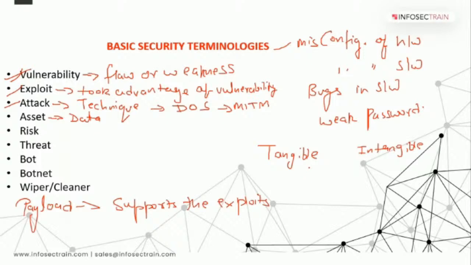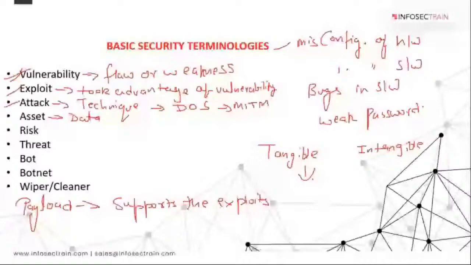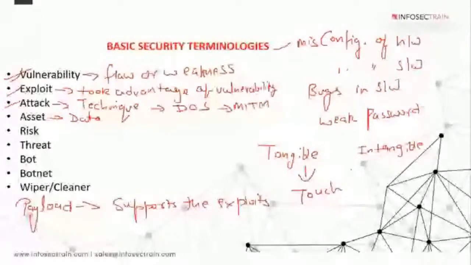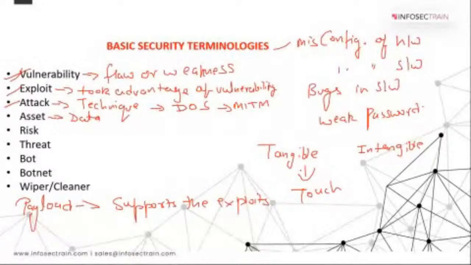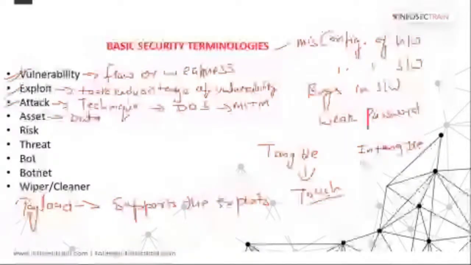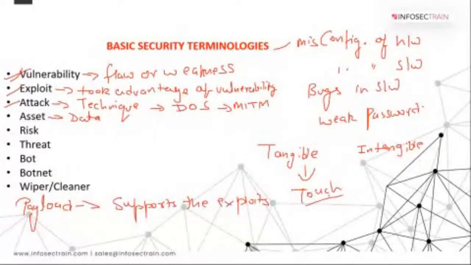If I talk about tangible assets, anything you can touch. So anything you can see and touch, that is your tangible. Even if you can touch it, yeah, that is tangible.